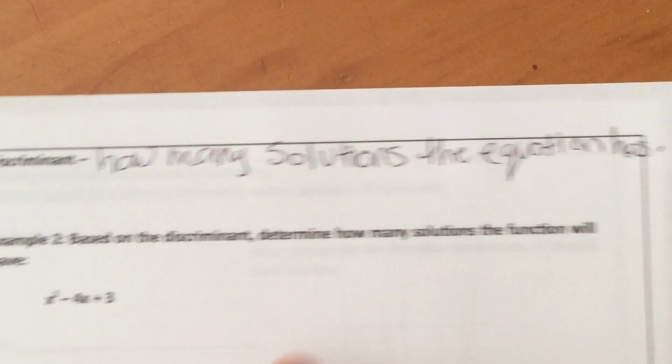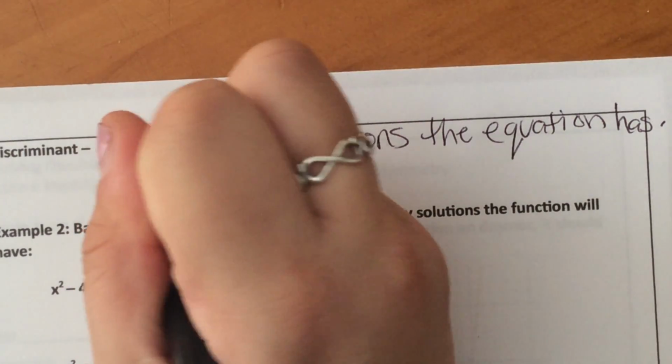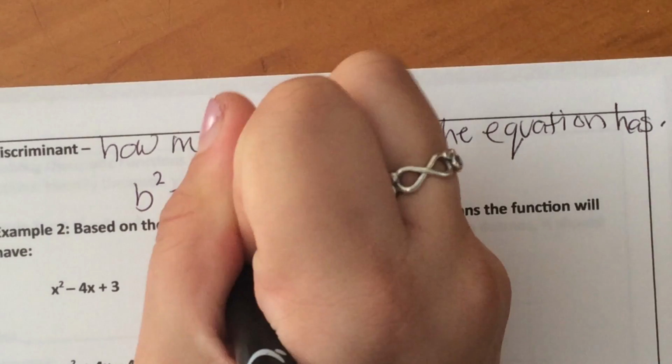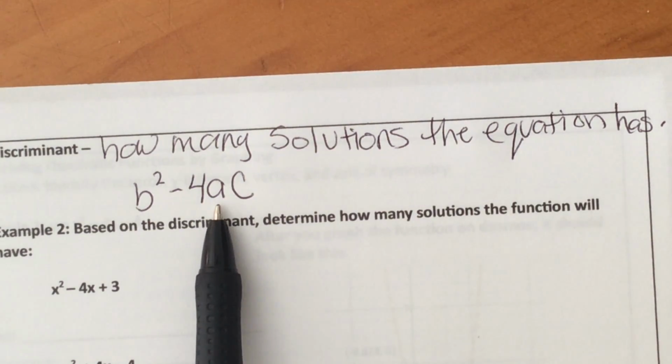And you find this by using what's underneath the square root in our equation. So the formula is b squared minus 4 times a times c. So what was underneath the square root?